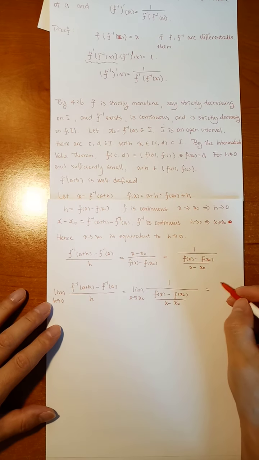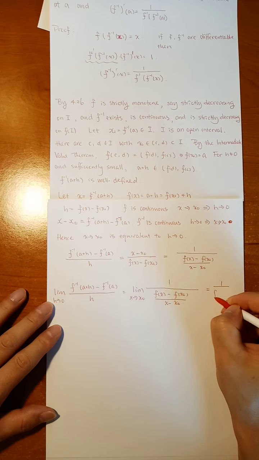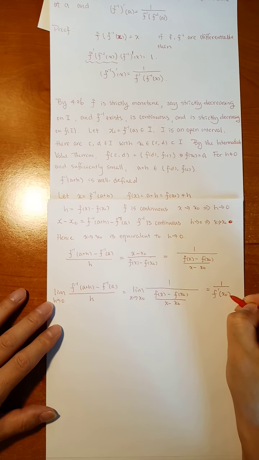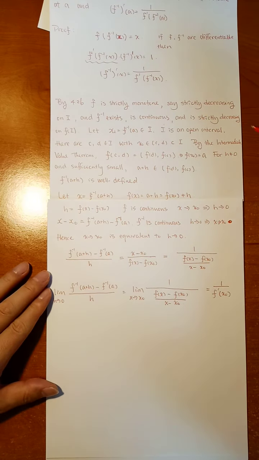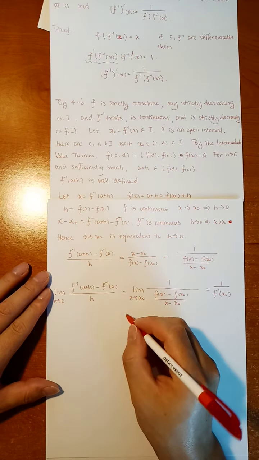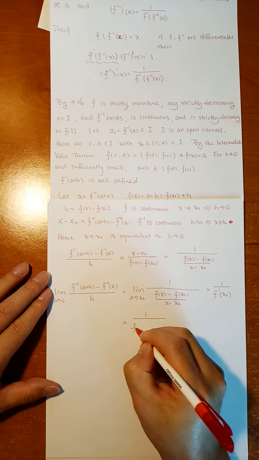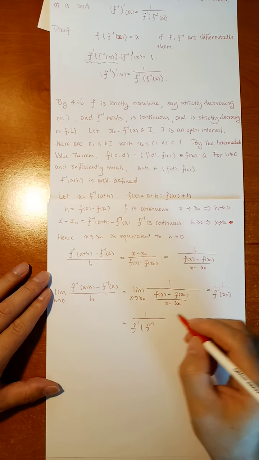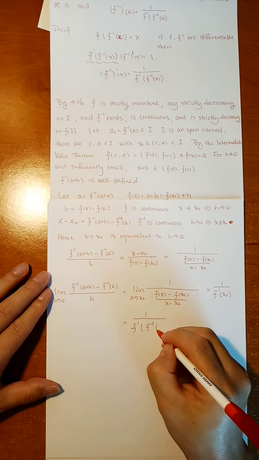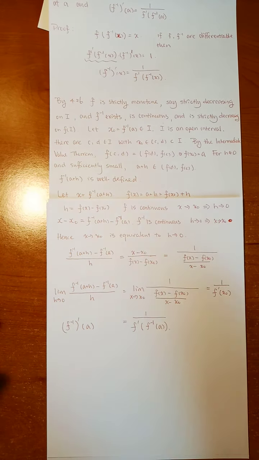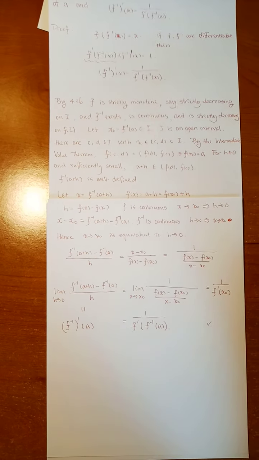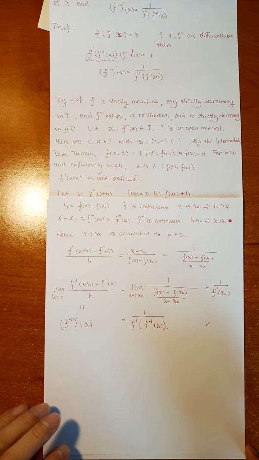The numerator has a limit because it's constant. So it is equal to 1 over f prime of x0. And x0 is f inverse of a, so it is equal to 1 over f prime of f inverse of a. And this is exactly the f inverse prime of a. So we check the proof.